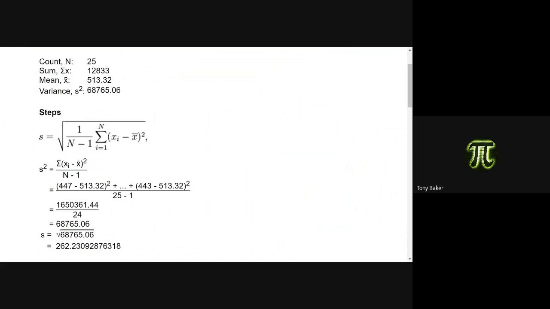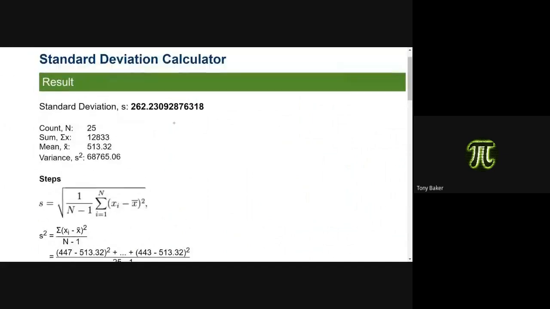Okay, so always go one more decimal place than what you have in the problem. Since this problem has no decimal places, we go one decimal place. All right, so that's for my standard deviation.